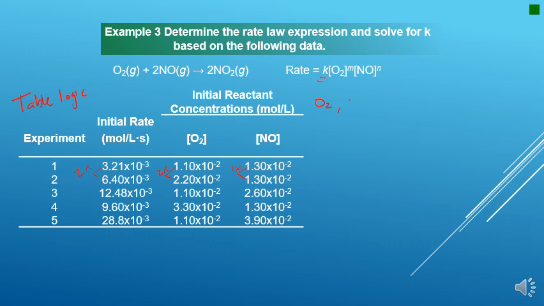So for this one, I would simply say we chose experiments 1 and 2. The concentration of NO was held constant, while the concentration of O2 doubled. As a result, the reaction rate doubled.